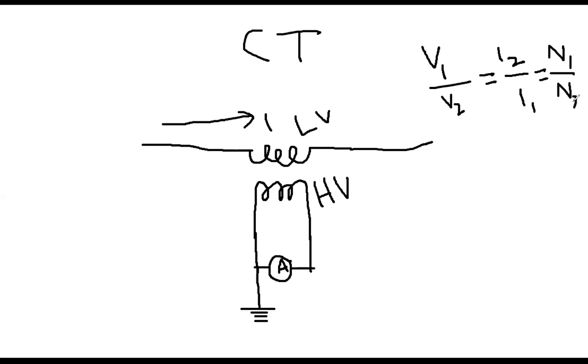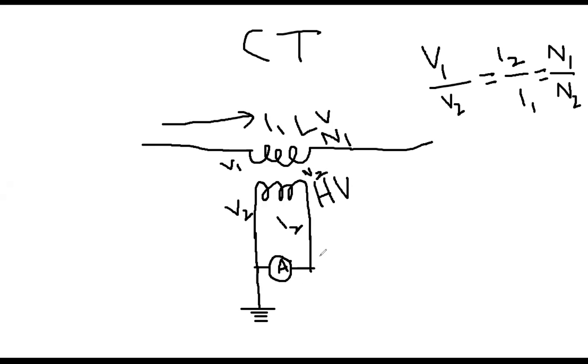If this side is V1 and this side is V2, the current here is I2, this side current is I1, this side turn ratio is N1 and this side is N2. So if this side is high voltage, then according to this relationship, you will get low current on this side. That's why I am putting a small rated ammeter.